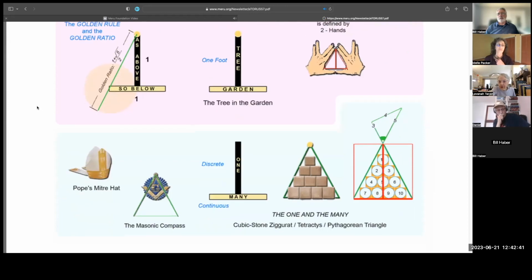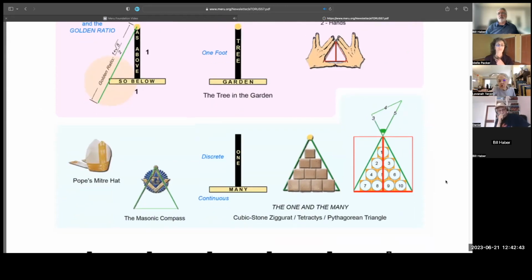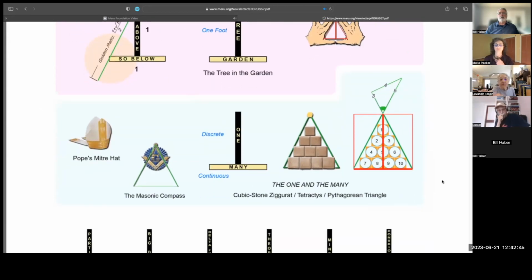the 2 triangles that are outlined in green, that's what he's referring to when he goes to the golden rule, golden ratio, 1 plus the square root of 2 over 2. And there are other posters where he actually goes into that in much greater detail. He found it in the Pope's hat, believe it or not. There it is. Masonic compass.